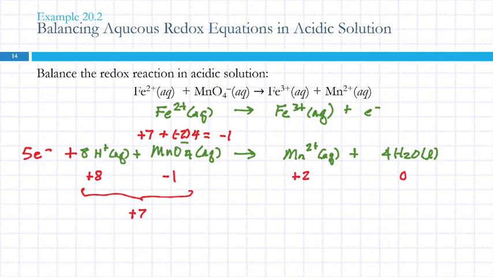And then we see it turns into a plus 2 oxidation state. The oxidation state went down. That's the reduction. Reduction is gain of electrons. Here we have the oxidation state going from 2 to 3. That's going up. Oxidation. Oxidation is loss of electrons. That one's losing electrons.